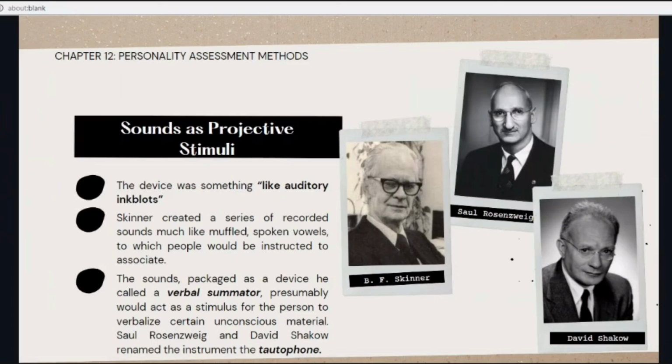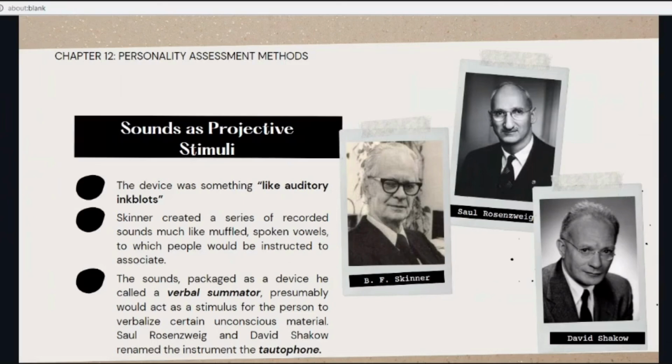So Skinner made a device that was something like auditory ink blots daw. So Skinner created a series of recorded sounds, much like muffled, spoken vowels, to which people would be instructed to associate. So the sounds packaged as a device which Skinner called the verbal summator.